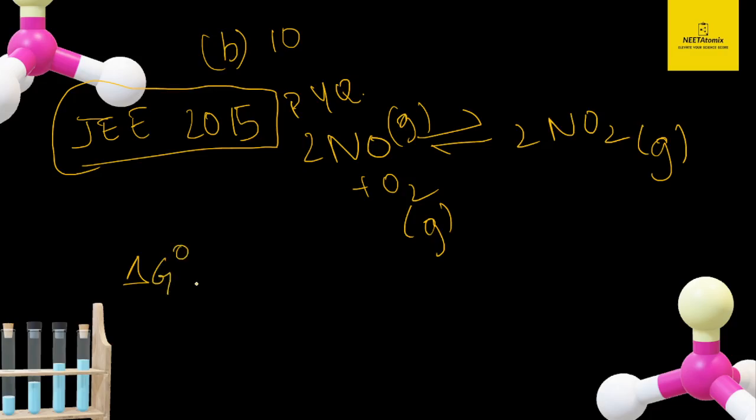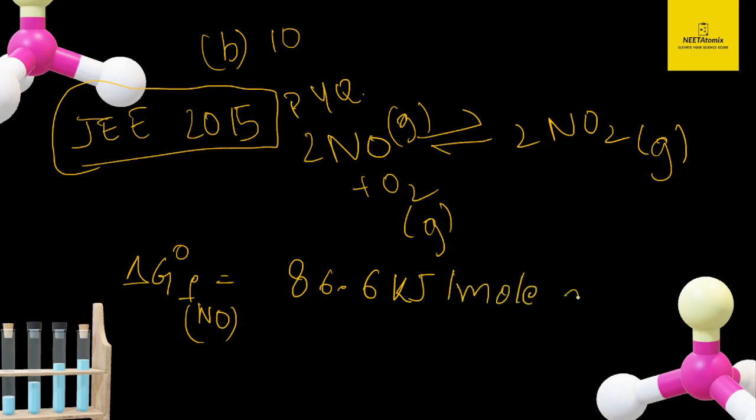Now delta G naught of NO is given, that is 86.6 kilojoule per mole at 298 Kelvin. This is the temperature, and this one is the delta G naught value.